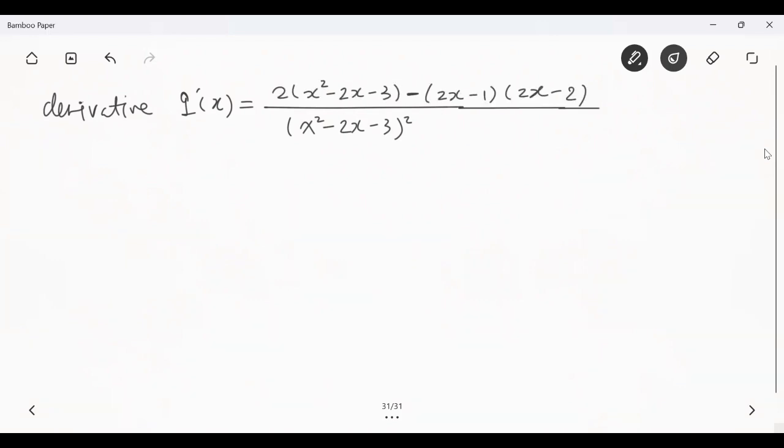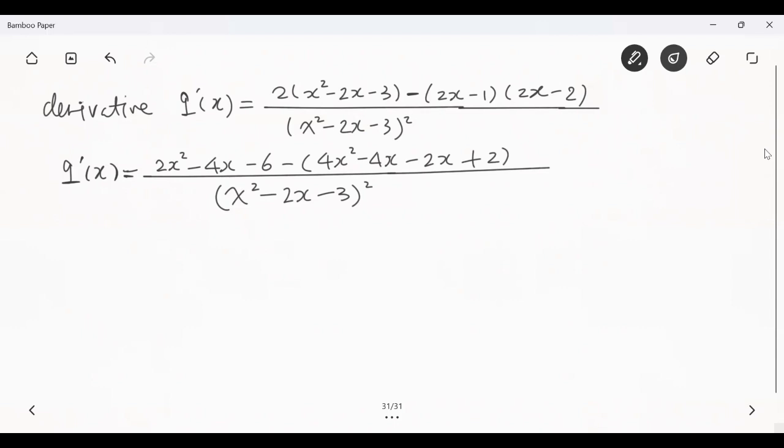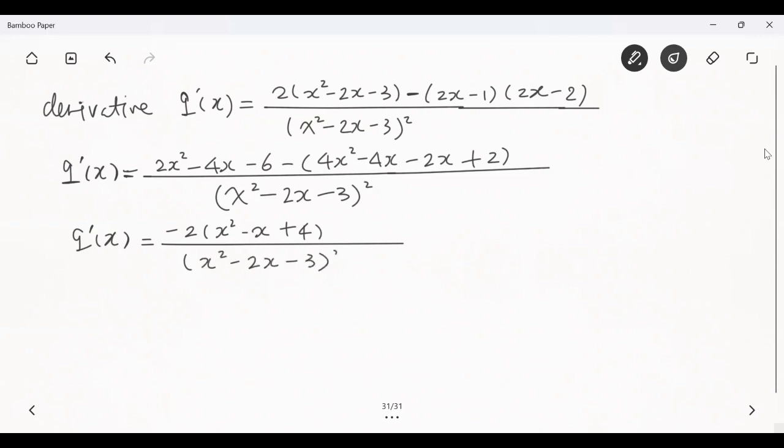After simplifying, we get the derivative of Q is negative (2x squared minus x plus 4) over (x squared minus 2x minus 3) squared.